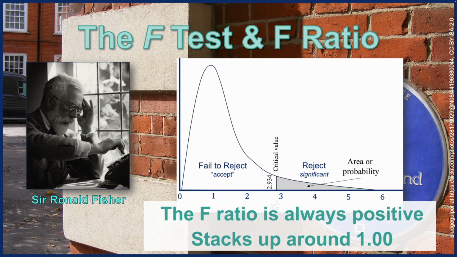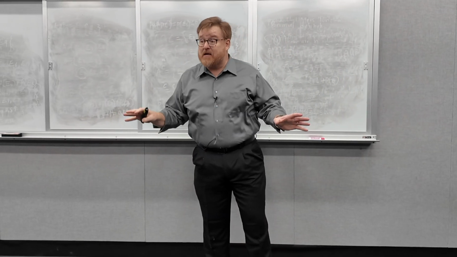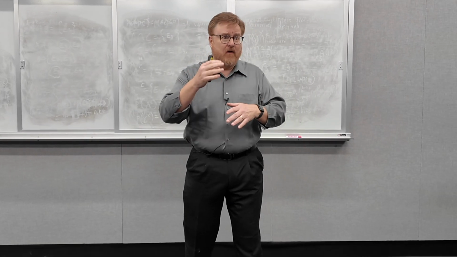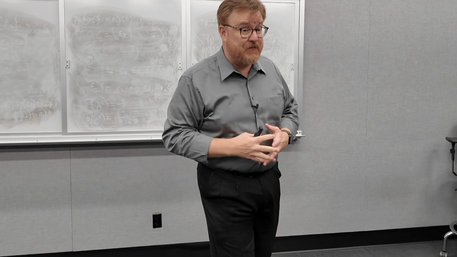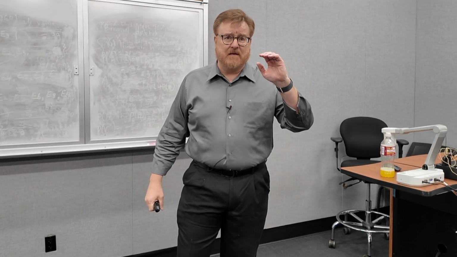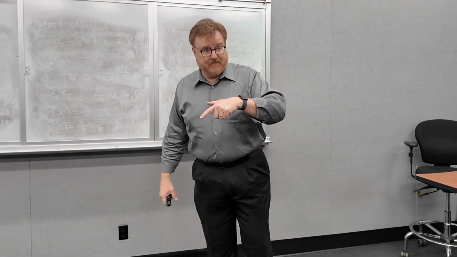We'll take the degrees of freedom for a particular F distribution. And an F distribution will have a critical value, which is set based upon the degrees of freedom. Well, what if there is no treatment effect? What if we're just dividing error by error or chance by chance? If there's no effect, anytime you divide something by itself, you're going to get a ratio of 1.